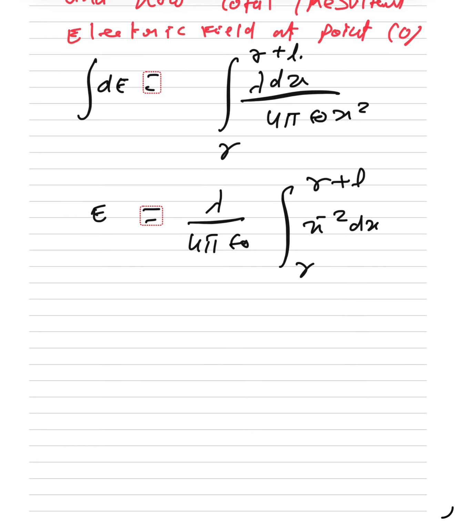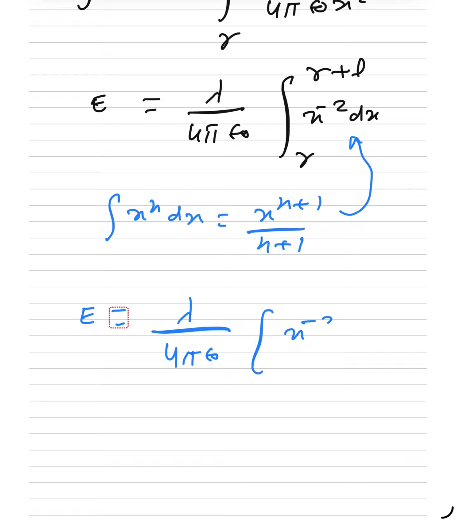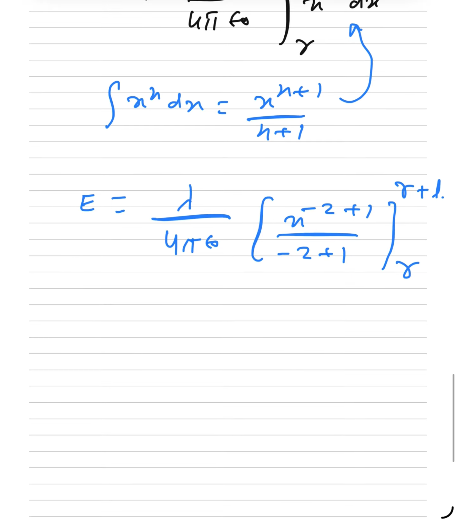Using the basic formula of integration, integral of x power n dx equals x power n plus 1 divided by n plus 1. Same concept used here, right? Then the electric field is lambda divided by 4 pi epsilon naught times x power minus 2 plus 1 divided by minus 2 plus 1, with limits from r to r plus l.